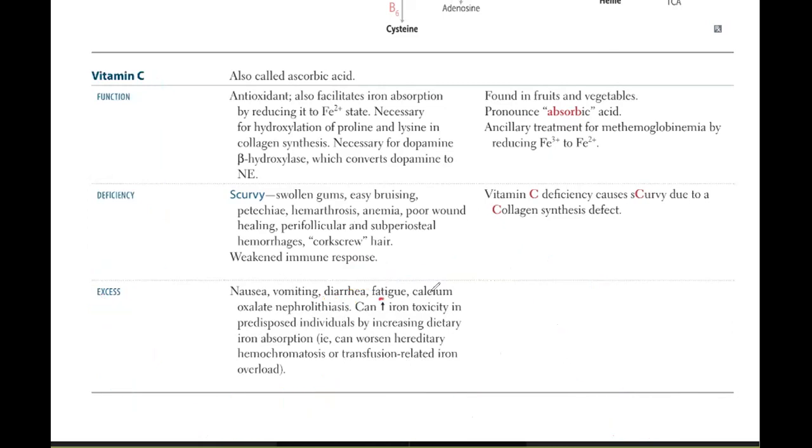Then fatigue. Definitely, if you'll be having diarrhea, you'll be losing your electrolytes and you'll be going into fatigue. Calcium oxalate nephrolithiasis means kidney stones. Okay, calcium oxalate kidney stones will be formed because of more vitamin C. Okay, and increased iron toxicity in predisposed individuals by increasing dietary absorption.